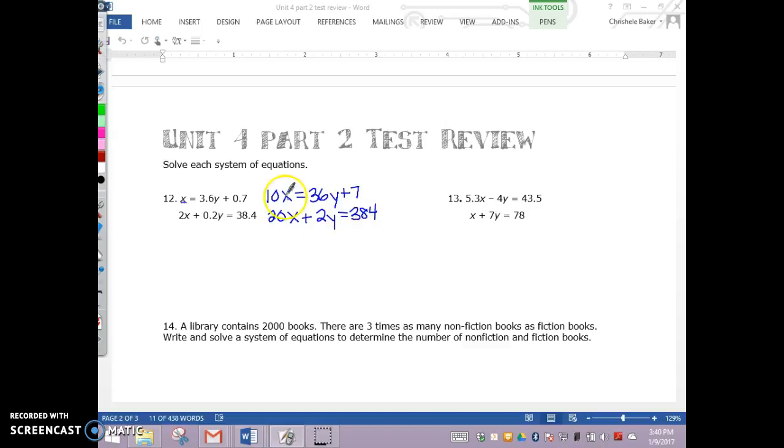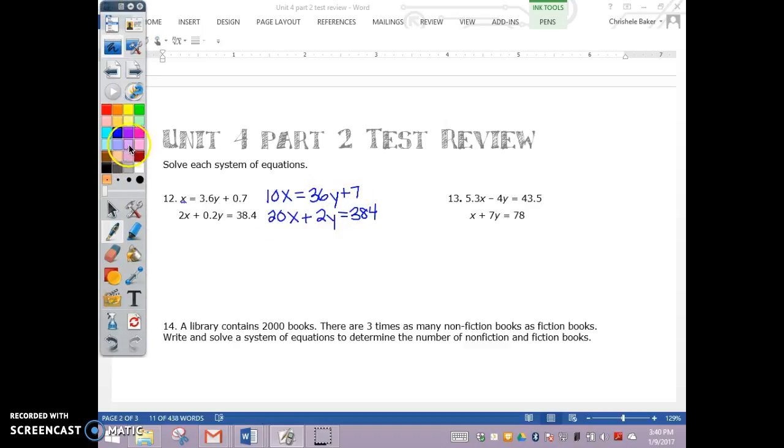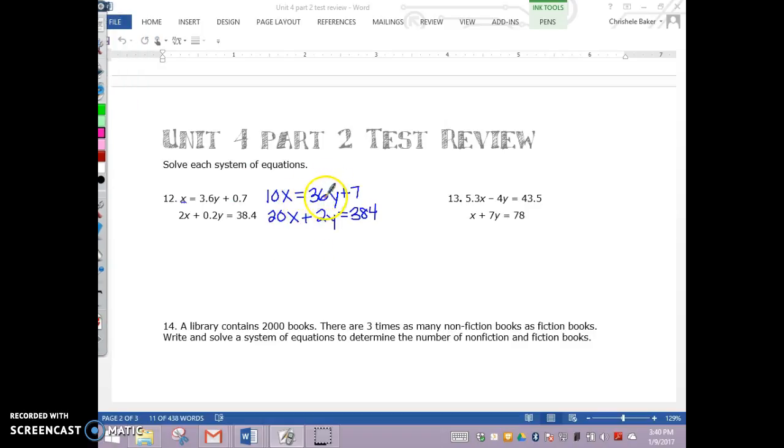And then getting x by itself to do substitution here is probably not a good idea, because to get x by itself, you're going to create fractions and decimals. So I'm just going to do elimination. So I got to get it lined up. I got to bring this 36y over to the other side. So 10x minus 36y equals 7 to get it into standard.